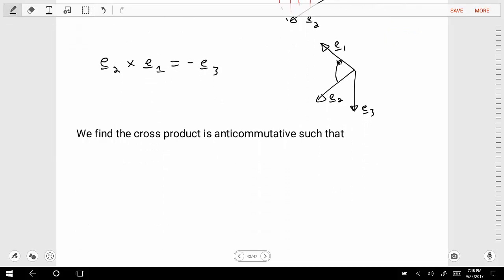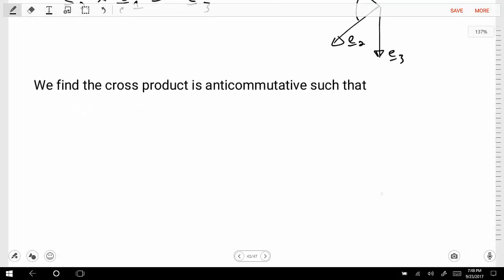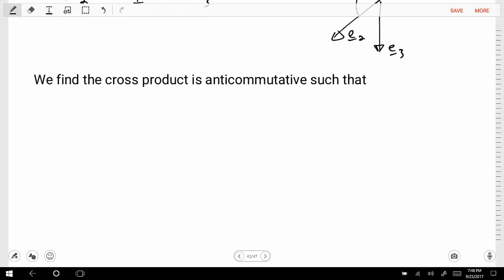So we can find the following relationships between our three base vectors. The cross product of base vector 1 and base vector 2 is equal to the negative of the cross product of base vector 2 and base vector 1.